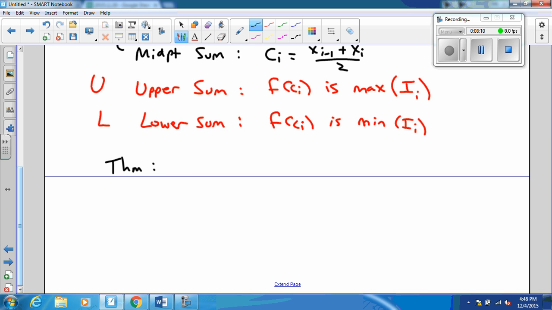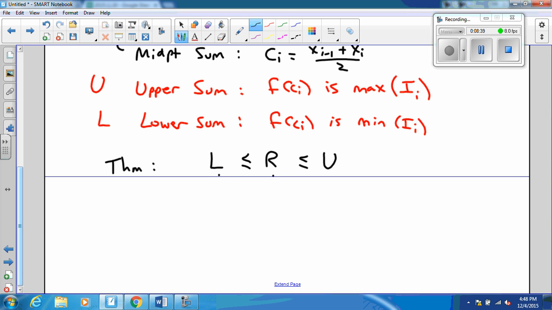The first observation that I want to make, and we can call this a theorem, but I'm going to give it without proof because it's sort of obvious, is that the lower sum is always going to be less than or equal to any Riemann sum that you can construct on a given partition. The reason is fairly clear: in each of my rectangles, I'm choosing the smallest possible height for the lower sum.